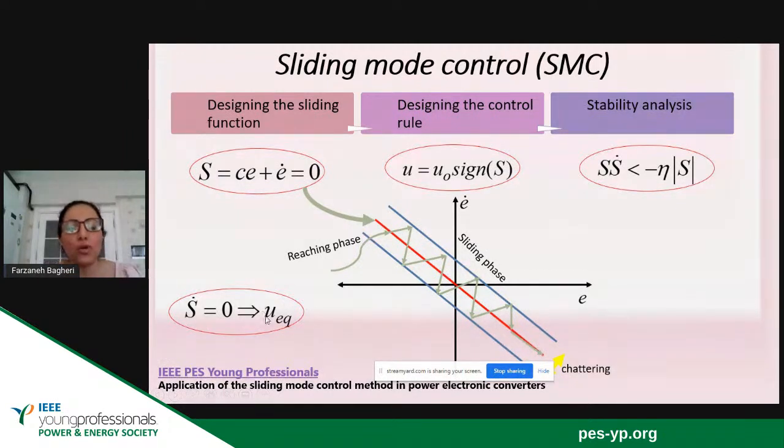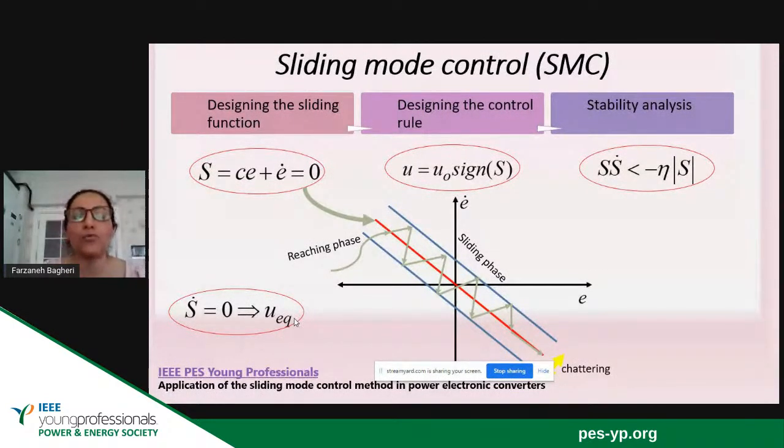So in such a situation, we have an equivalent control. If we give this equivalent control as the input to the system plus this sign control, then the reaching phase time will decrease. So it is helpful to use the equivalent control. It will decrease the reaching phase time delay. But sometimes it will also complicate the control input.